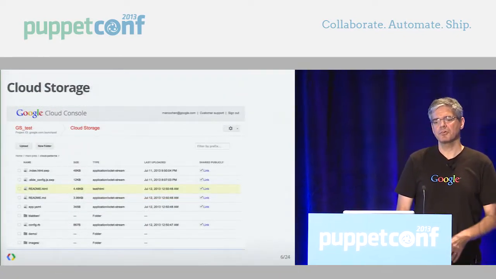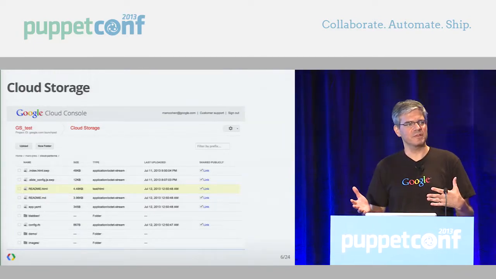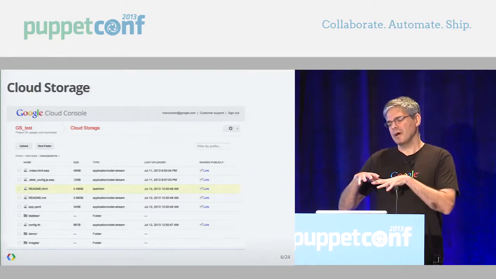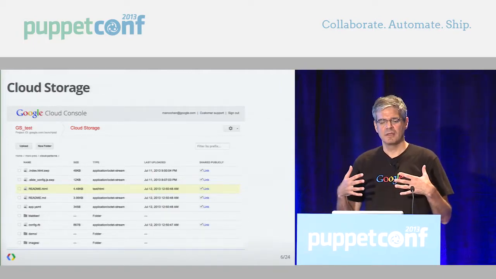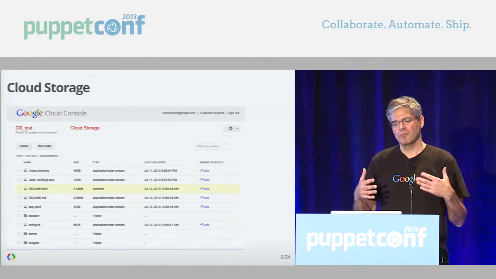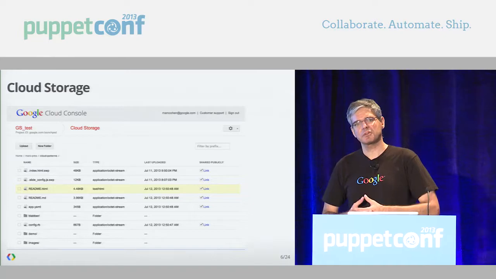Cloud Storage. So Google has a blob store, for those who are familiar with that term. It's basically a way to store unstructured binary objects in the cloud. And there are a lot of other vendors who have this kind of service. We're very proud of our performance and our consistency in this particular product.